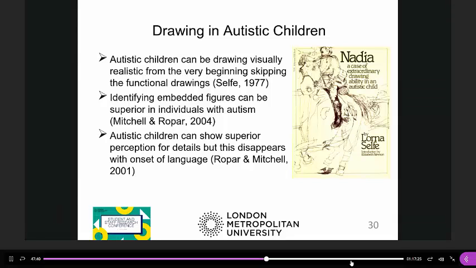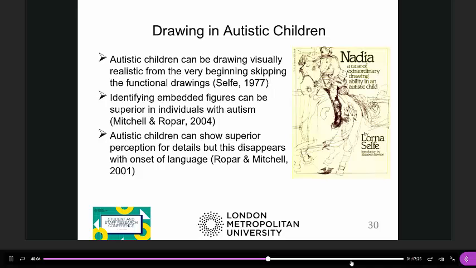Also, in identifying embedded figures, the one with the Dalmatian in the beginning, individuals with autism are superior. But this ability disappears when they start talking. So there seems to be some sort of trade-off between language and this more right brain activity.